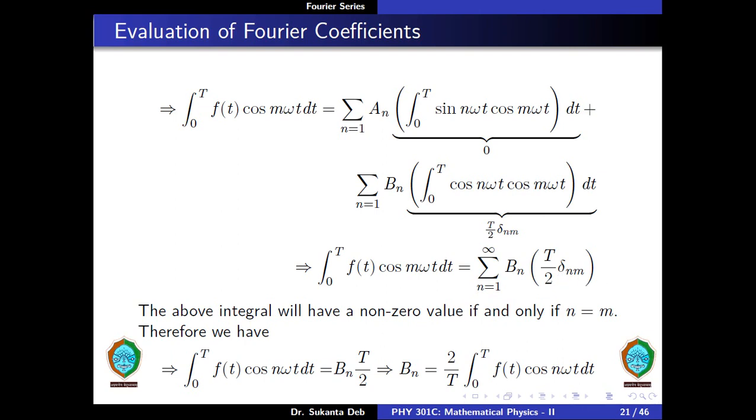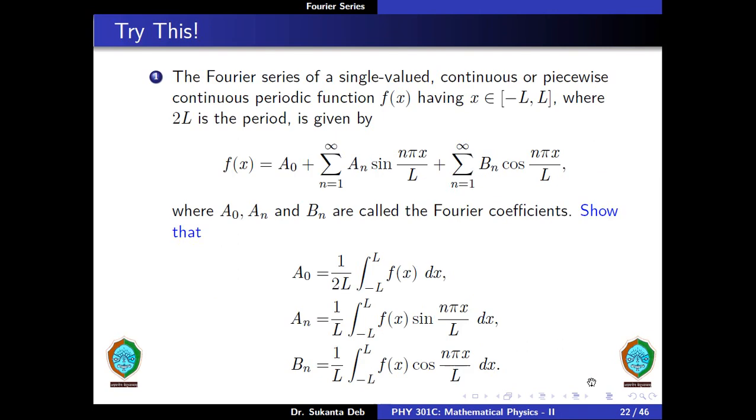The above integral will have a non-zero value if and only if n is equal to m. Therefore, substituting n equal to m on both sides, we get the integral from 0 to capital T of f of t cos of n omega t dt is equal to bn into T by 2. So from here we find bn is equal to 2 by T into the integral from 0 to capital T of f of t cos of n omega t dt.